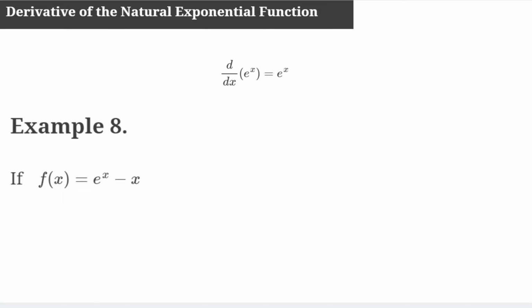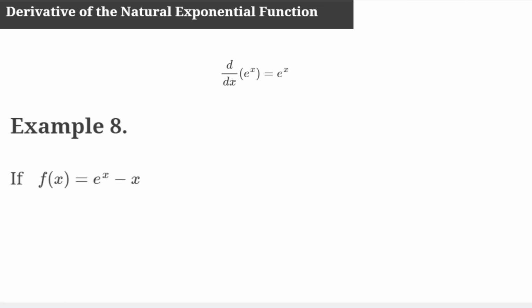All right, next rule. The natural exponent rule. We're going to look at a general rule for exponential functions in a couple classes because we need another rule to actually understand why it works that way.